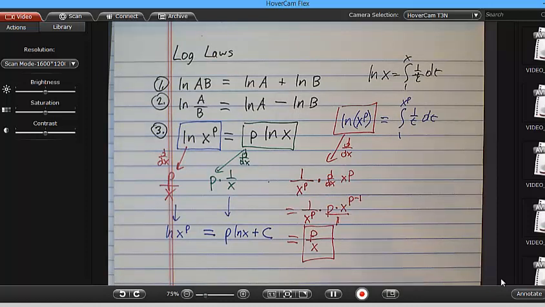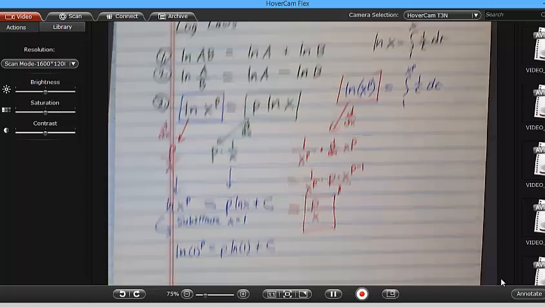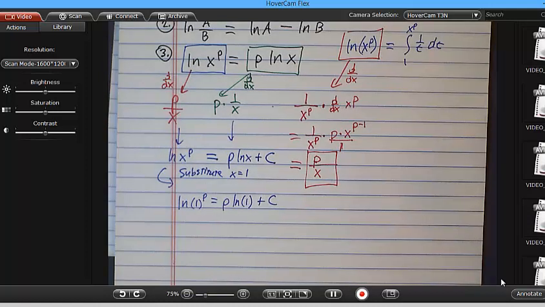A really nice x value would be x equals 1. I get the natural log of 1 to the p power is p times the natural log of 1 plus c. And why is 1 such a nice thing? What's the natural log of 1?